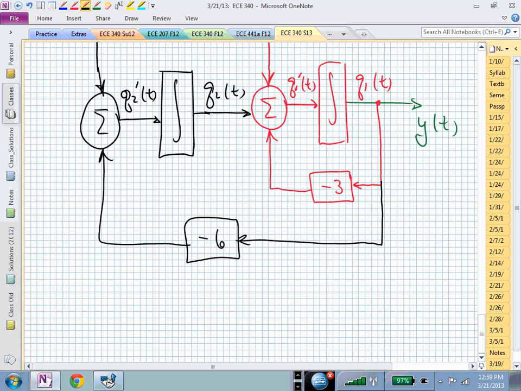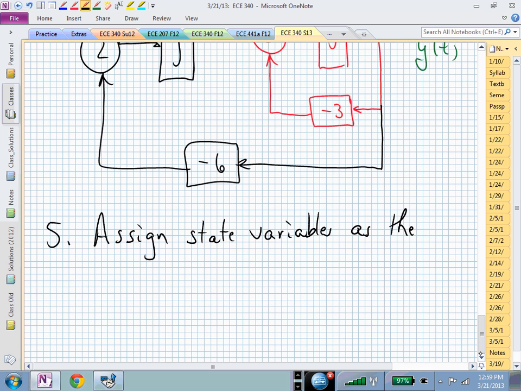The fifth step, let's just say, is now to assign state variables as the outputs of the integrators.